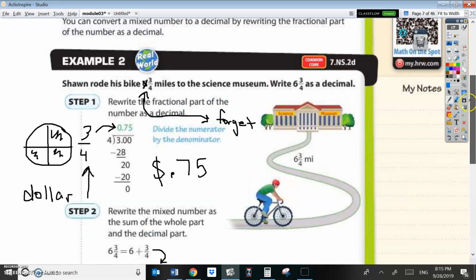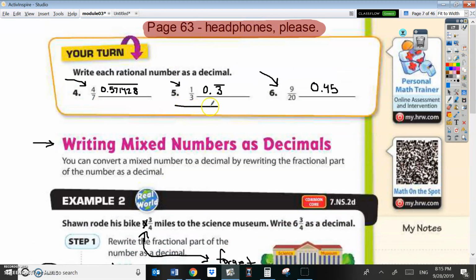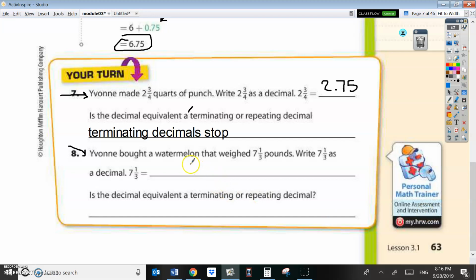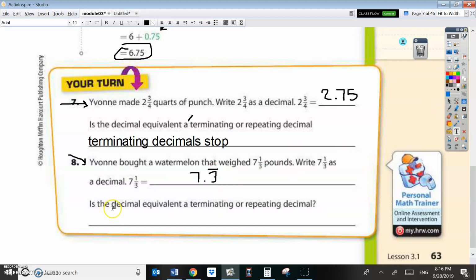Well, we just did 1/3 up here, and we know that 1/3 equals 0.3 repeating. So all we have to do is 7.3 repeating, and we know that repeating decimals continue. Thanks for watching.